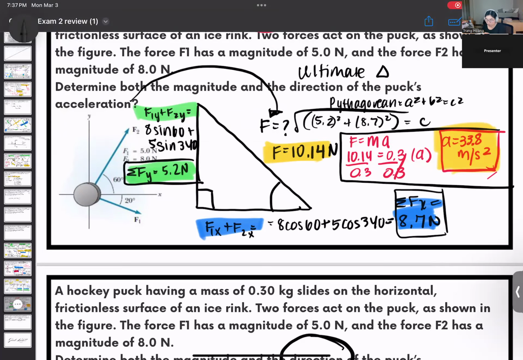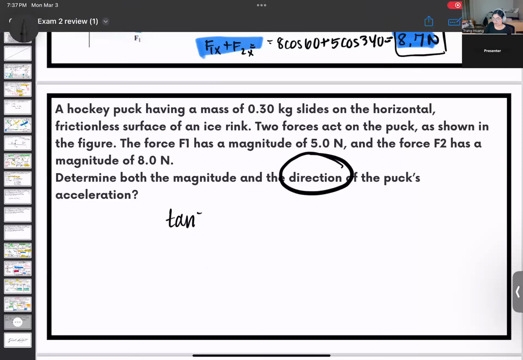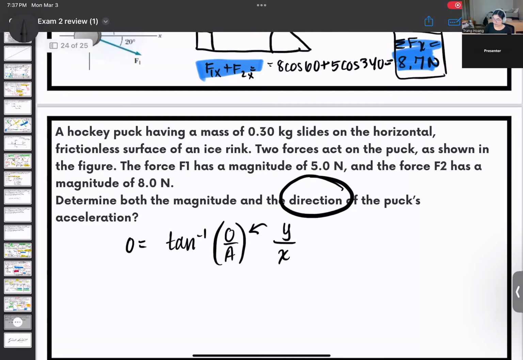There might have been a reason, a logic to the madness, what I did before. Nah, there's no logic. I was just stupid before. That's just the truth. Remember, to find the angle, all we gotta do is inverse tangent of opposite over adjacent, aka y over x of our ultimate triangle.